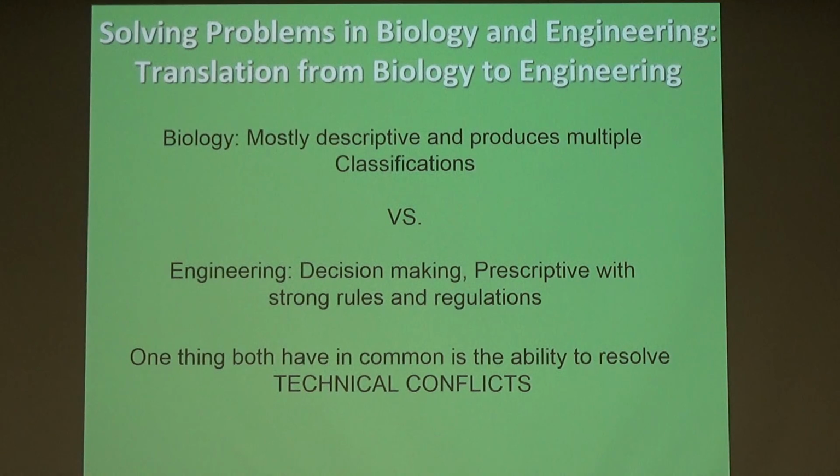So what do I mean by technical conflicts and resolutions? There's a kind of philosophical point: we're trying to solve problems, and we're looking at how in nature problems are solved. It can be any kind of problem, whether to make a material or to perform a particular function. If we want to learn that, we need to understand that for any problem, there are worsening features and improving features.